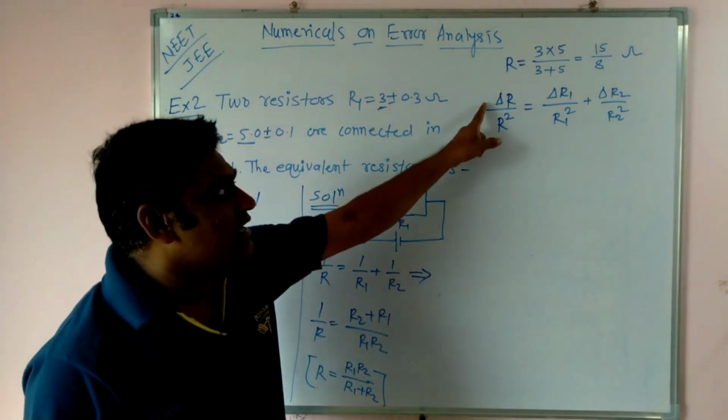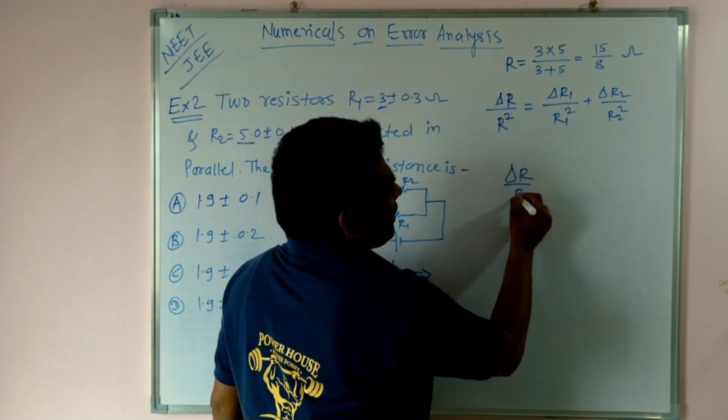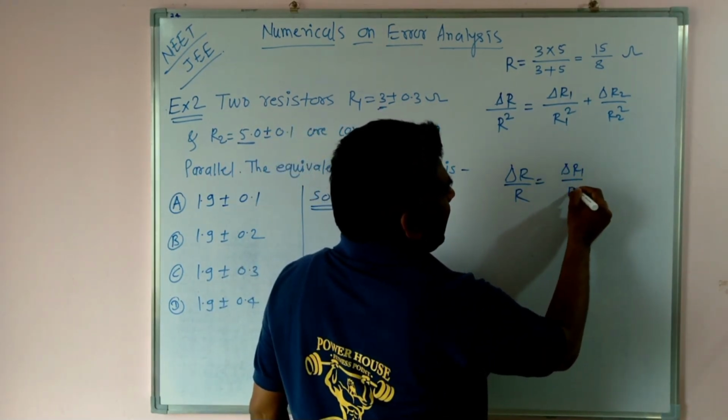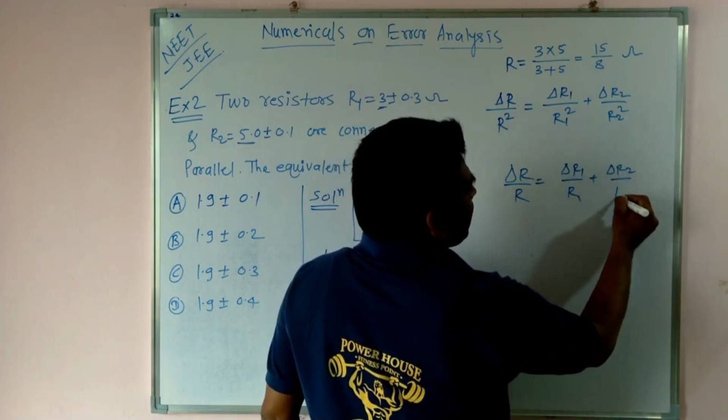Okay, this is not a relative error. Relative error is what? Delta R by R is equal to delta R1 by R1 plus delta R2 by R2.